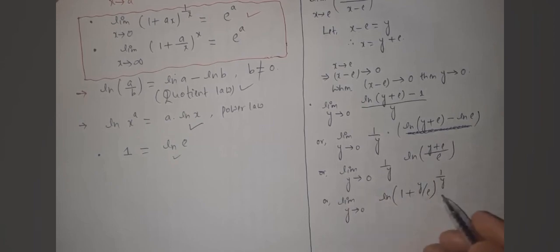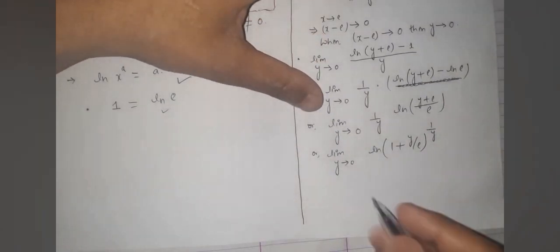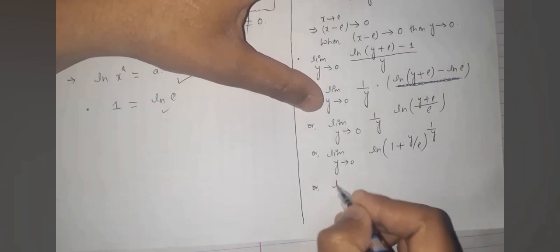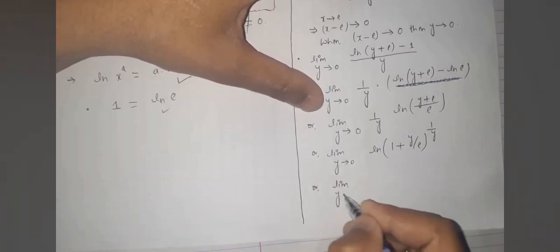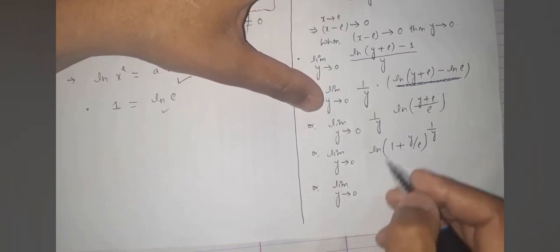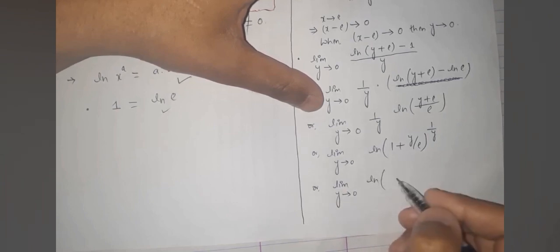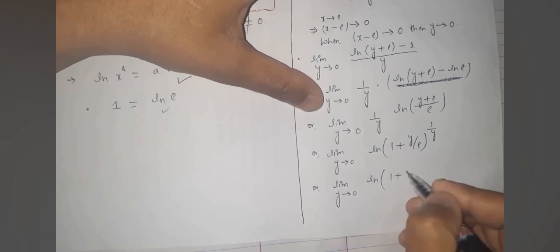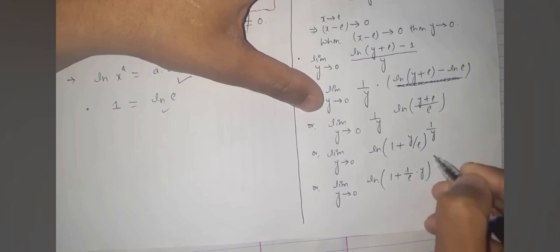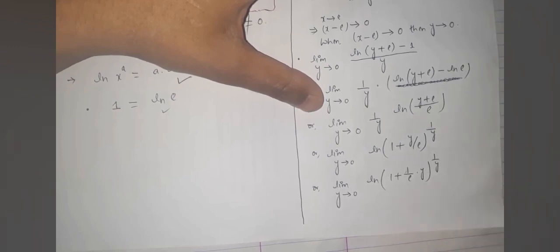Here we use the power law of logarithm. Let's do some simplifications, and this can be written as the limit when y approaches 0 of ln of 1 plus 1 over e times y, raised to the power 1 over y.